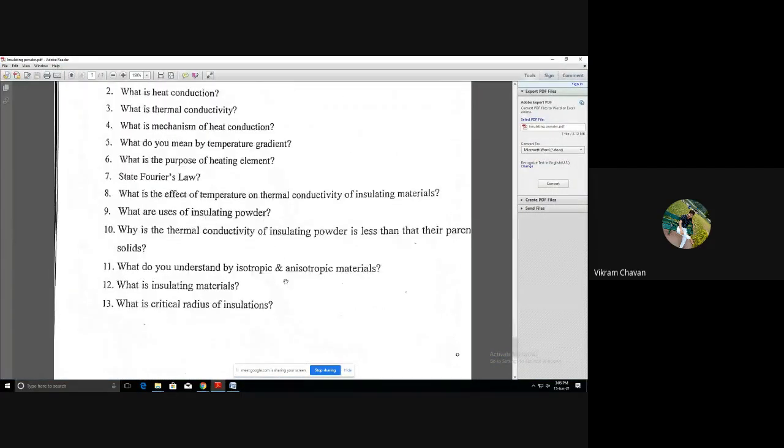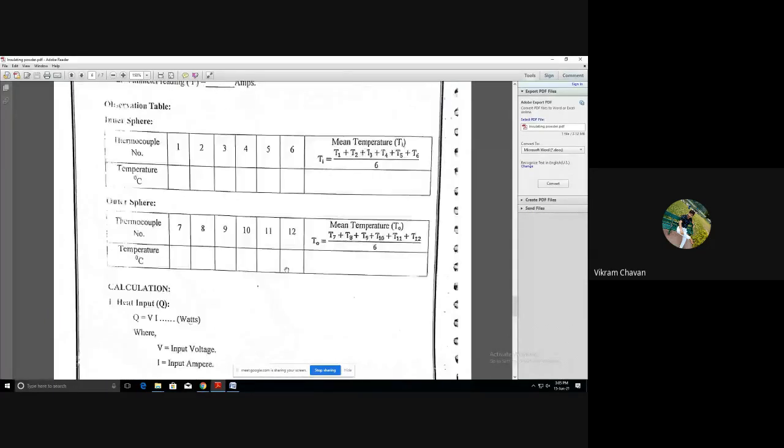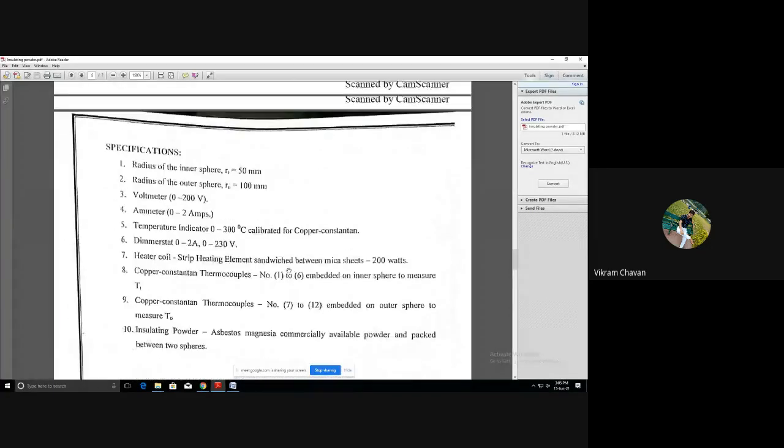So according to the given data, we have Ri as 50 mm and R naught as 100 mm.